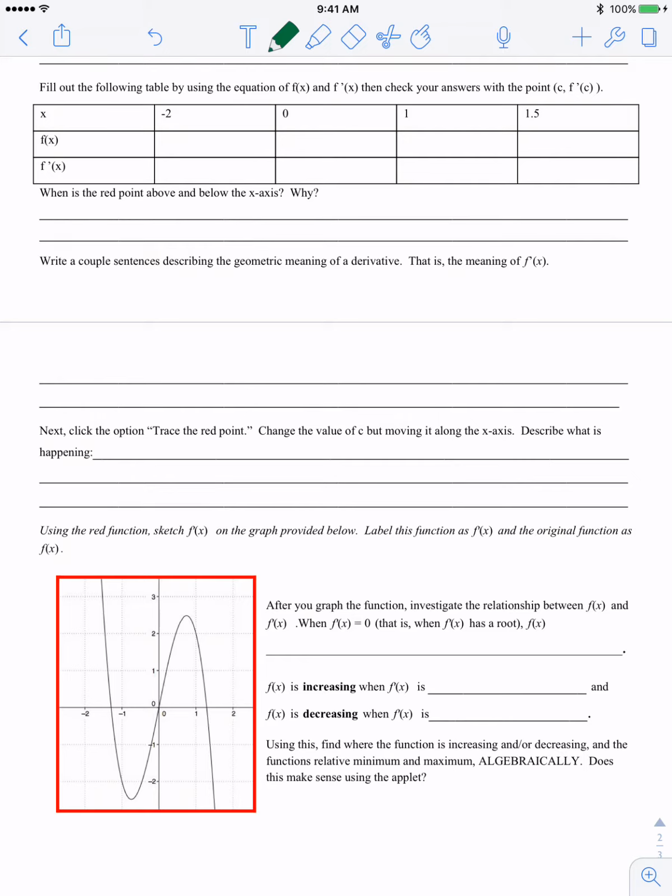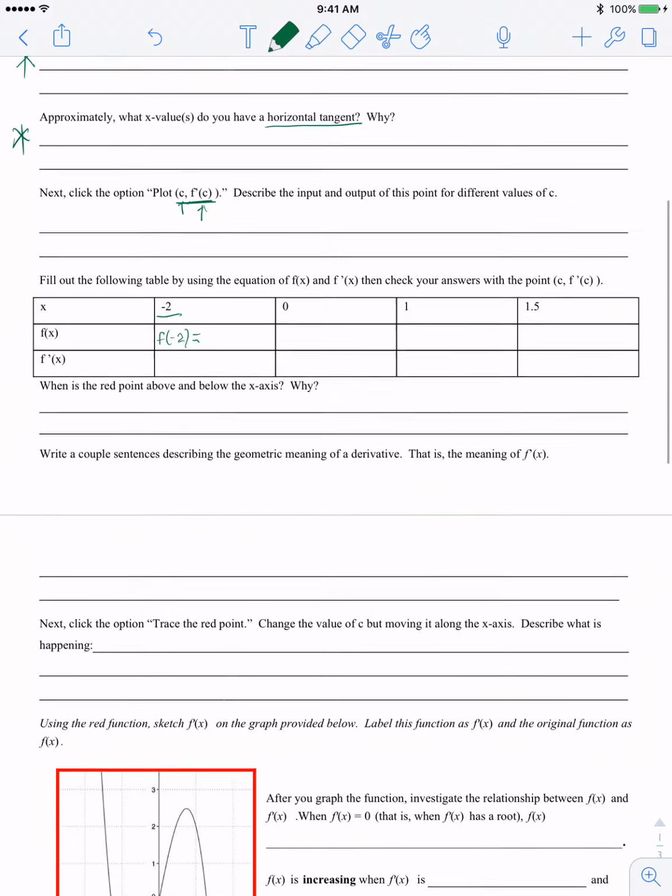So the first value I want to look at is when c, or x, is equal to -2. So I'm going to find f of -2, the output of my original function at -2.